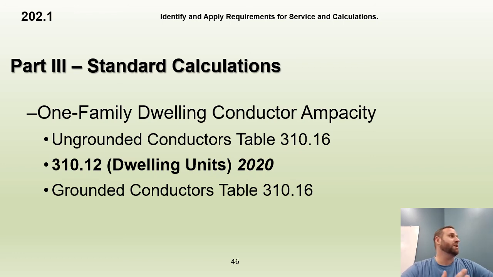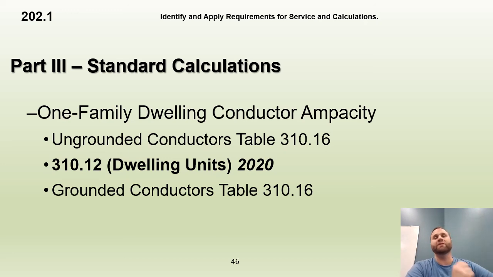Now, if the calculated load upon it was 150 amps, and I still went with 175 amp service, then maybe I could use 1-aught, because that means the calculated load would never get above the rating of the conductor. So know your difference between Table 310.16 and Table 310.12 and when to use them.